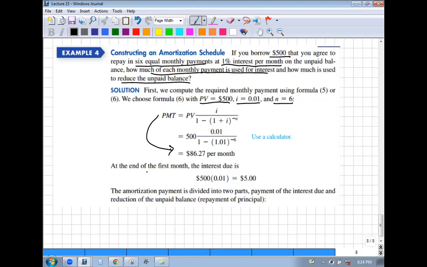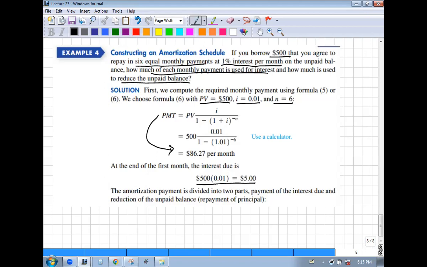So at the end of the first month, we look at the total interest. So if we're going to pay off the interest every month, I guess that's what they're assuming, that each month you're paying off all the interest that accrued. So at the end of the first month, before we made a payment, right? So the day we make a payment, we're charged $5.